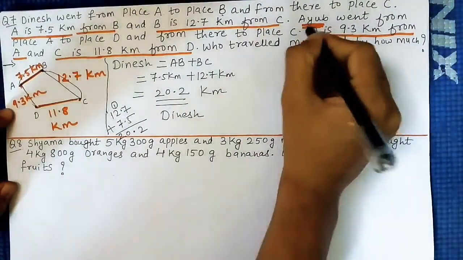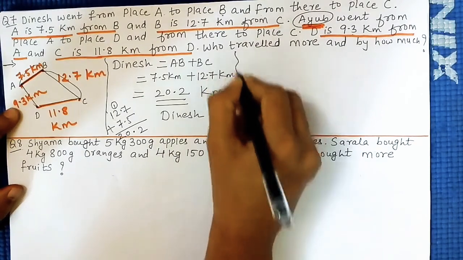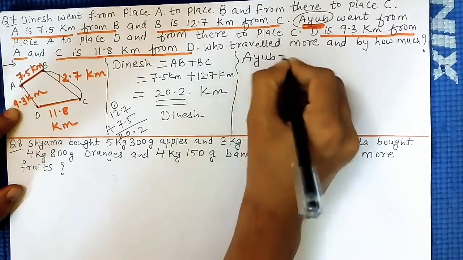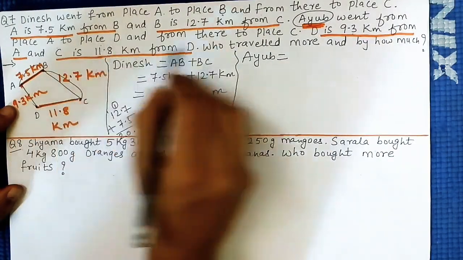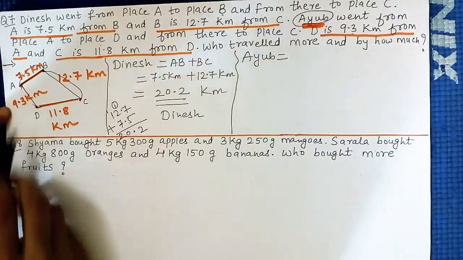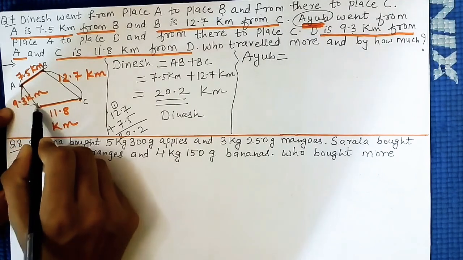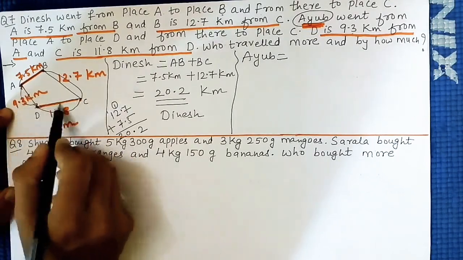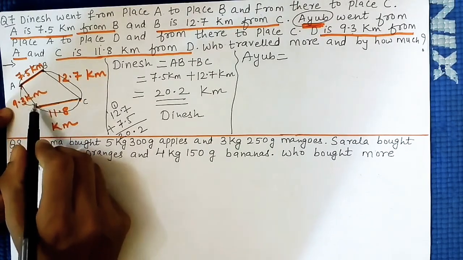Now we will find out for Ayub. Okay, so let us start. Now we will find out for Ayub. So Ayub went from place A to D and from there to C. So A to D, you can see in the figure, from A he went to D and then from D he went to C. So we will add AD plus DC, these both we will add to find out the distance travelled by Ayub.